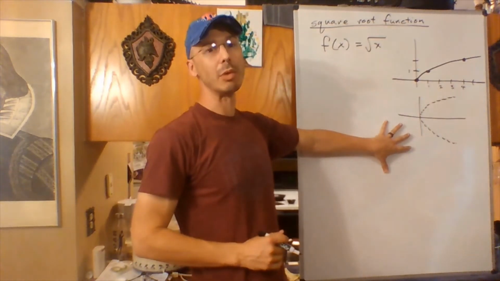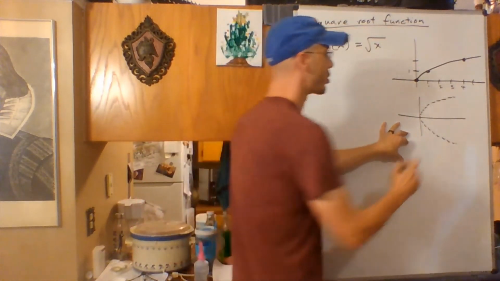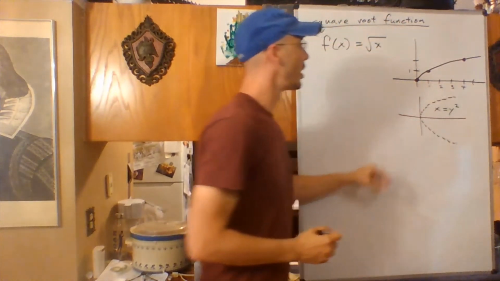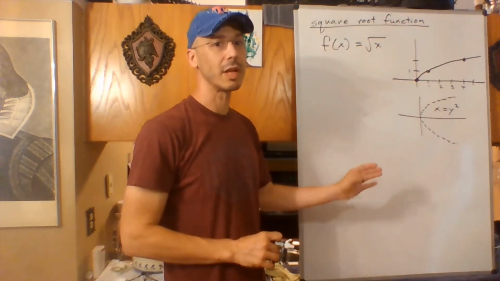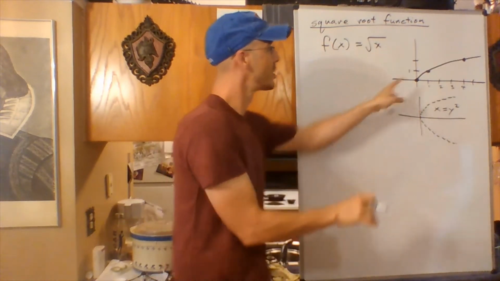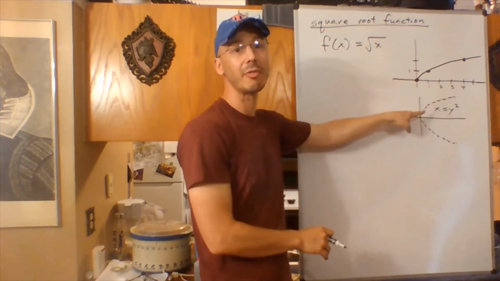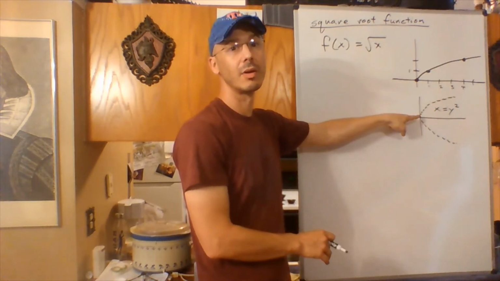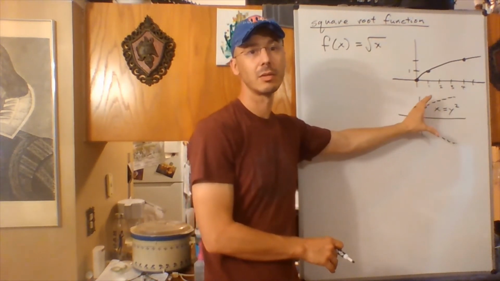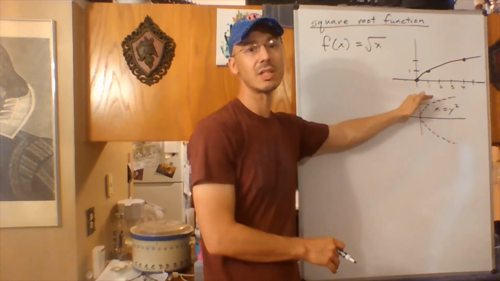This is a parabola. This is the parabola x equals y squared. Not y equals x squared. That's the one we looked at before, the u. This is the top half of a parabola that opens to the right. So just the top half.